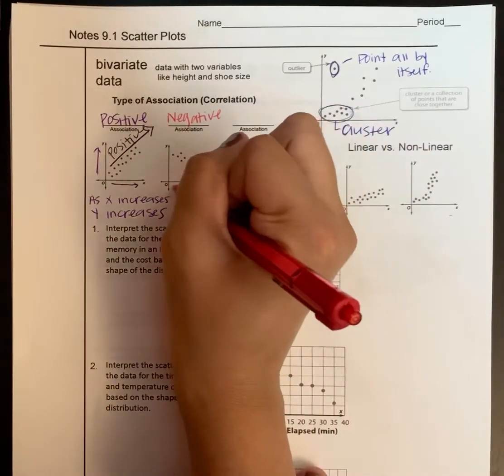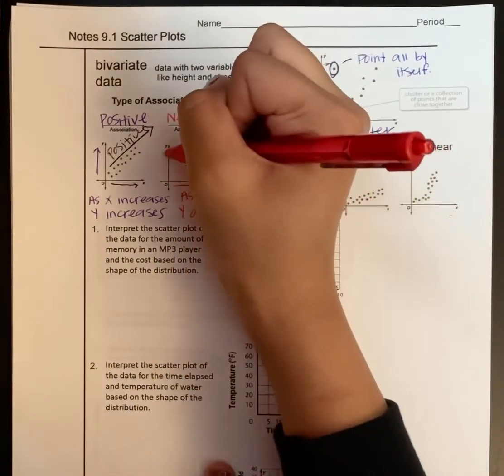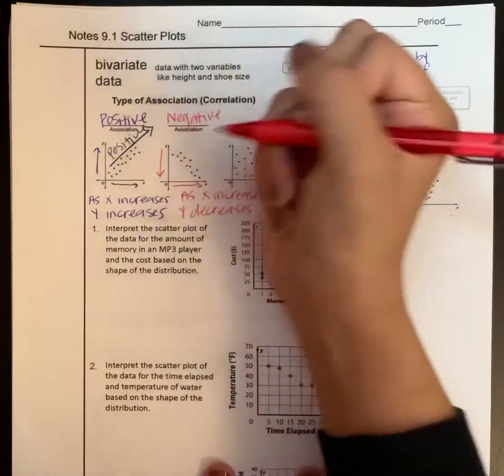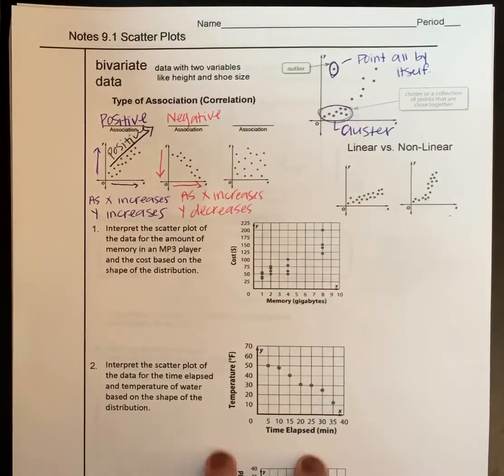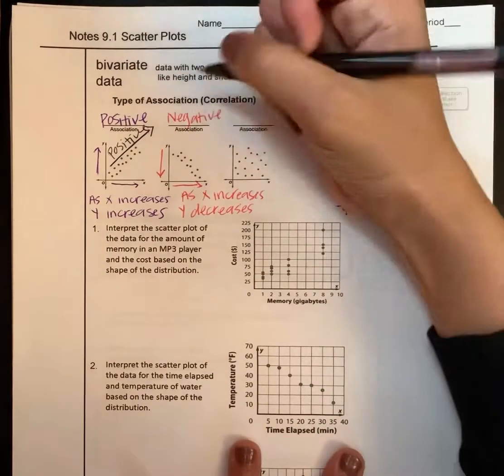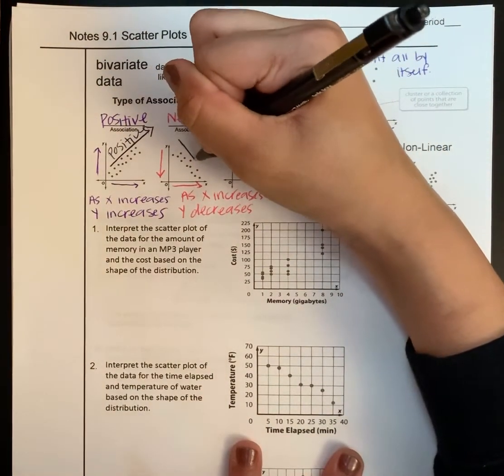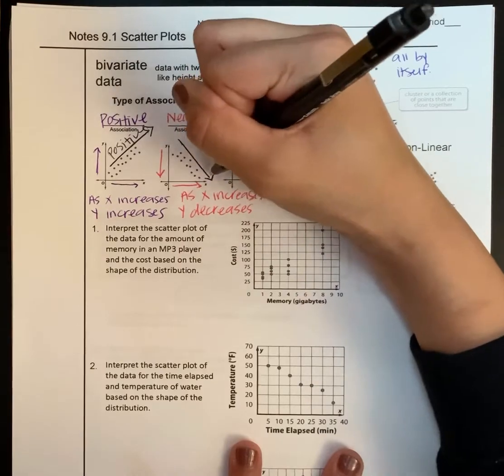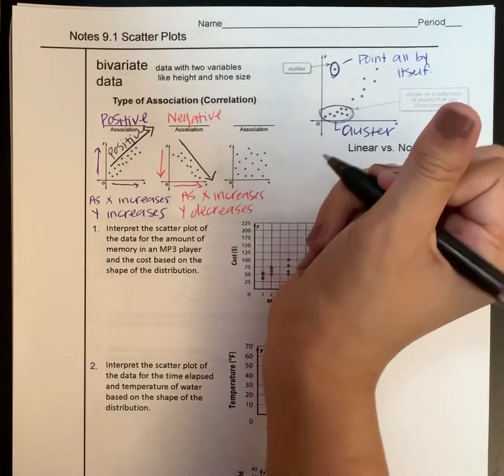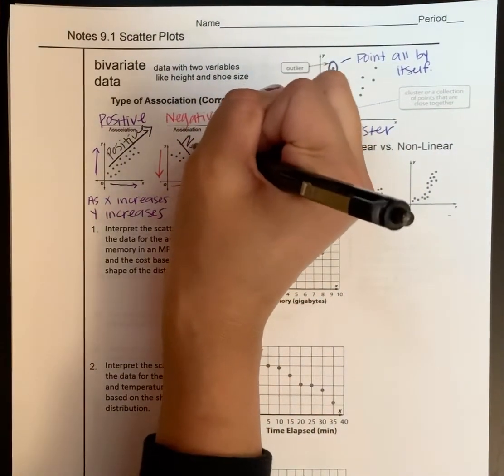So as x gets bigger, y is getting smaller. And if we do the same thing that we did in the first graph and follow our data, we notice that our points are going down in a negative direction.